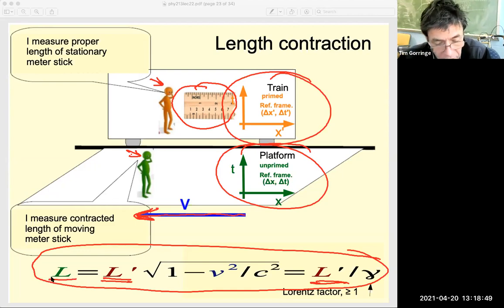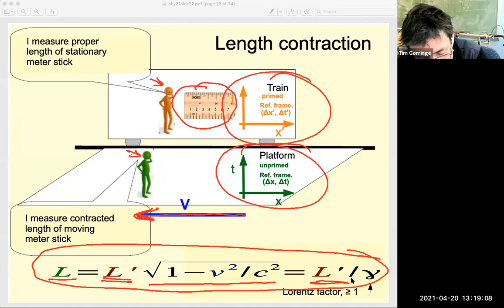And the L in green, that's the length measured by the platform observer who's seeing the moving meter stick, and that's the contracted length. And again, this factor here that involves the speed of the platform observer with respect to the train observer controls the length contraction. And that factor is nothing other than 1 over the Lorentz factor.